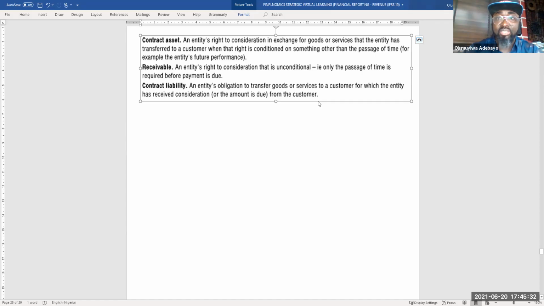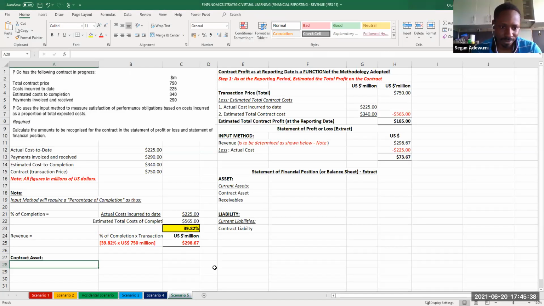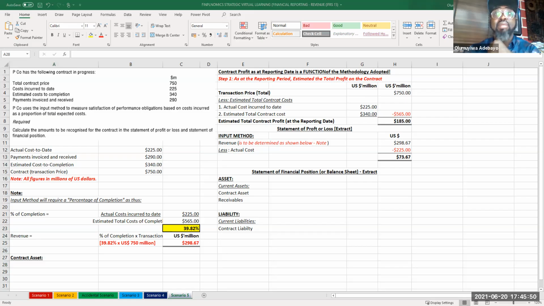In this question we are trying to solve, you can see now, a contract asset will be represented by the portion of what the entity might have been entitled to, but cannot yet receive or is not yet due until the entity has finished that phase of work. I'll give you an example.